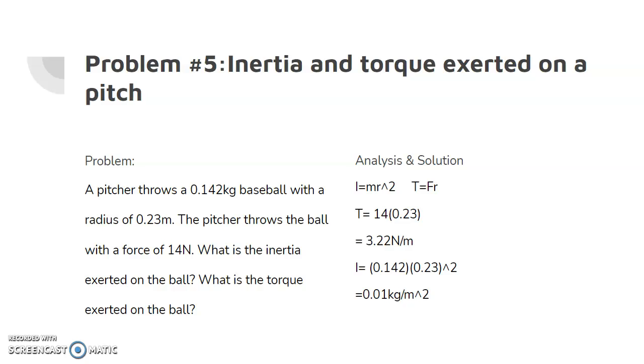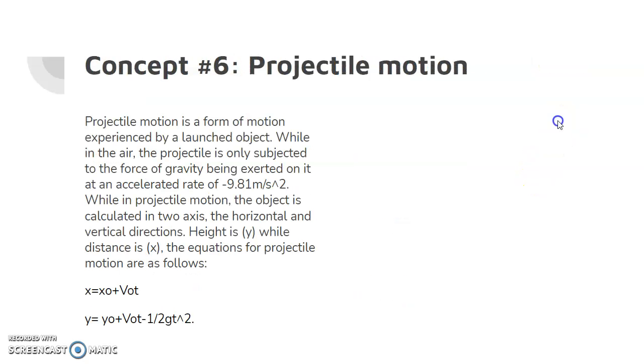To find the torque, we multiply the force of 14 newtons times the radius of 0.23 to get 3.22 newton meters. And then to find the inertia, we multiply the mass, which is 0.142, times the radius of 0.23 squared, to get the inertia of 0.01 kilogram meters squared.